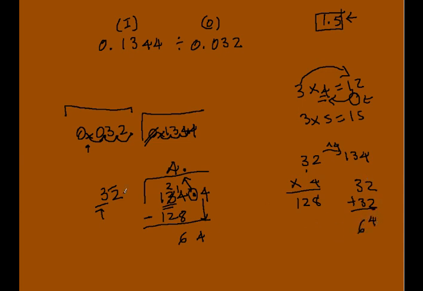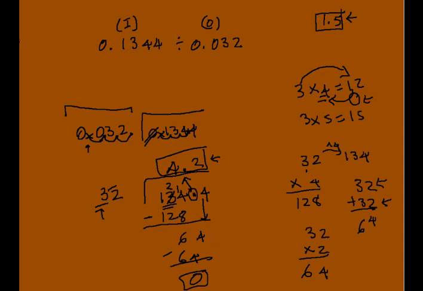I guarantee that 32 goes into 64 exactly 2 times. And you can check by doing 32 times 2. So 2 times 2 is 4, 2 times 3 is 6. So 32 goes into 64 twice. 2 times 32 is 64. 64 minus 64 is 0. So your final answer is 4.2 with a remainder of 0.